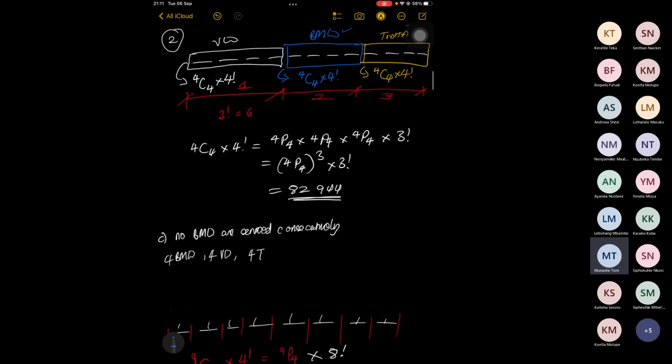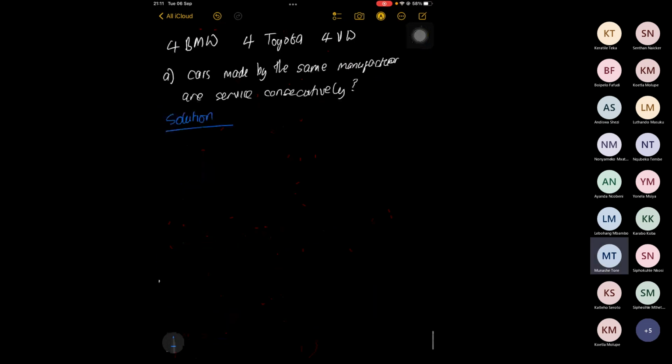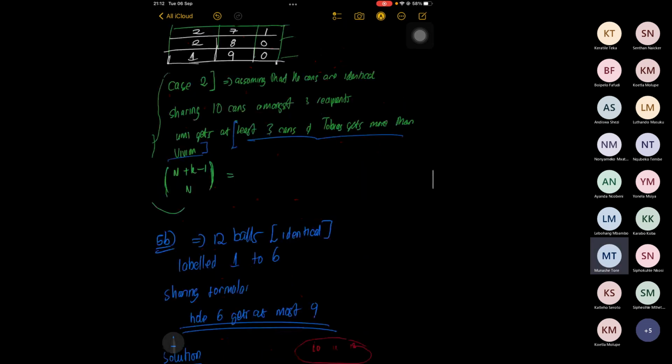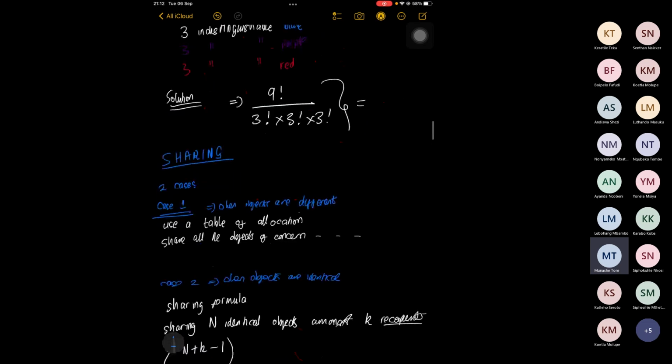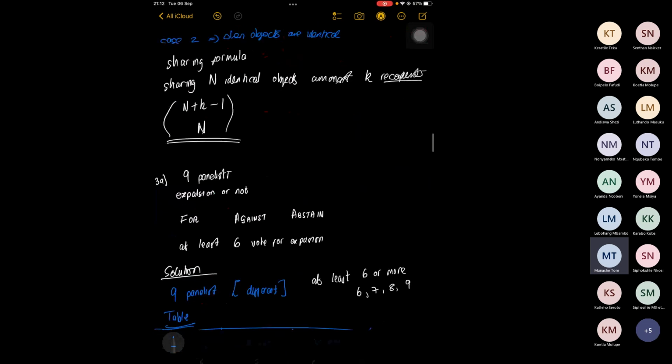Then we computed it like this, isn't it? So our answer was 82,944. So we said probability is the number of combinations, I'm not sure if the terminology is fine, over the sample space, isn't it? So we already know that the number of combinations we can have for this, we said it's 82,944.